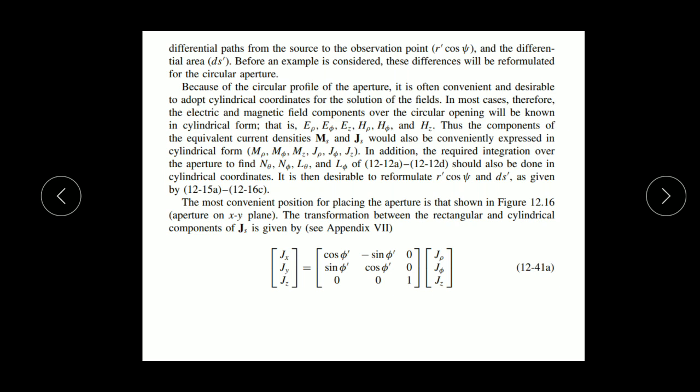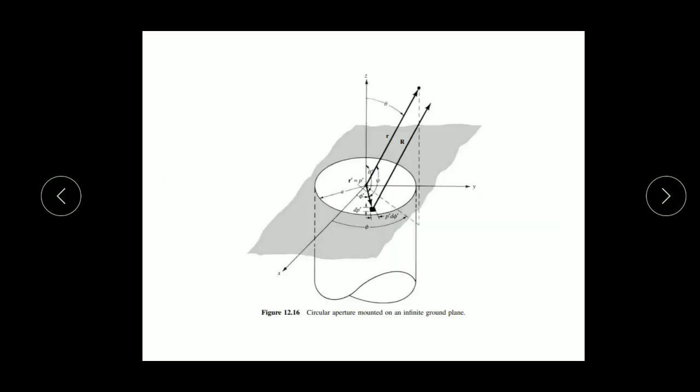So this is the circular aperture design on an infinite ground plate. This is the infinite ground plate, this is the circular aperture, and the coordinate system we have in this design is cylindrical: rho, phi and z.